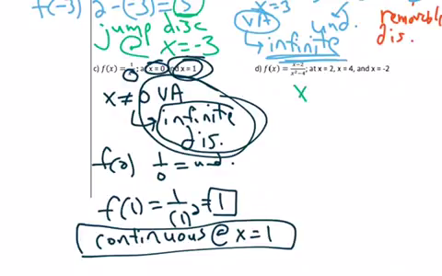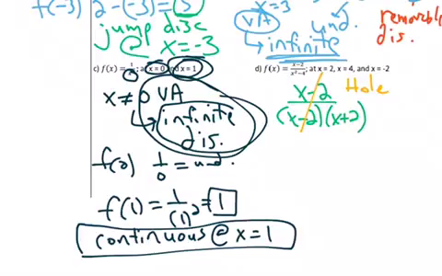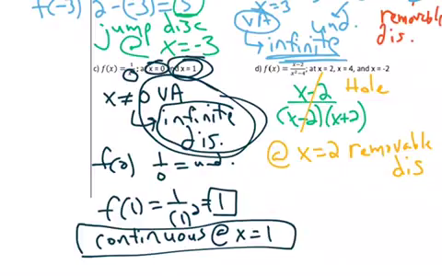And the next function, I'm going to factor again, x minus 2 by x plus 2. And we see that we have a factor that cancels. So we know right away that we have a hole. And so at x equals 2, we will have removable discontinuity. That was one of the things we were supposed to check.